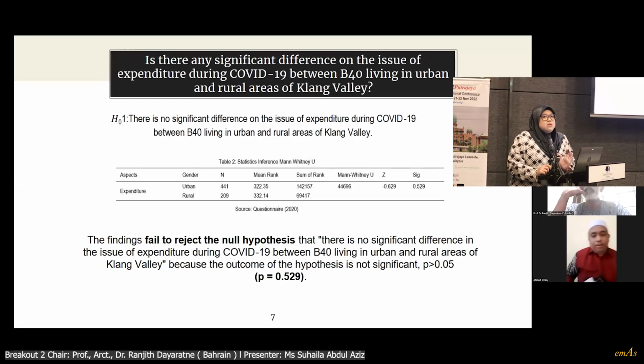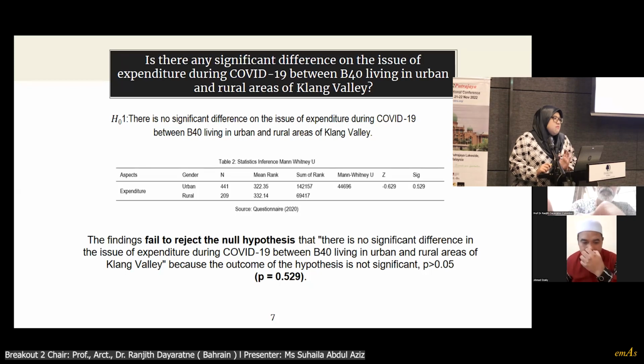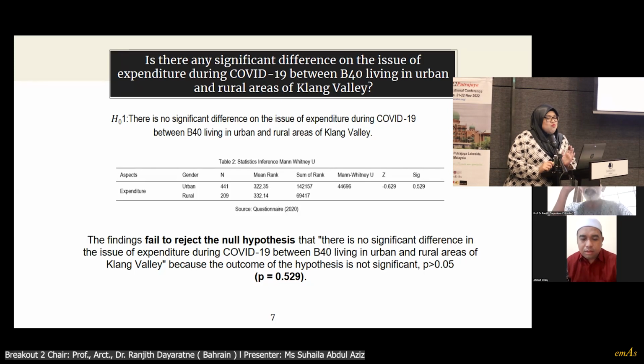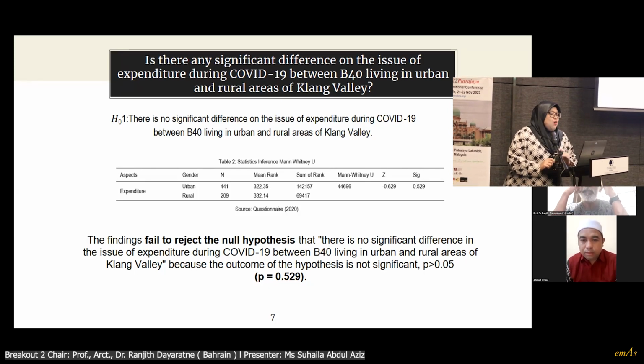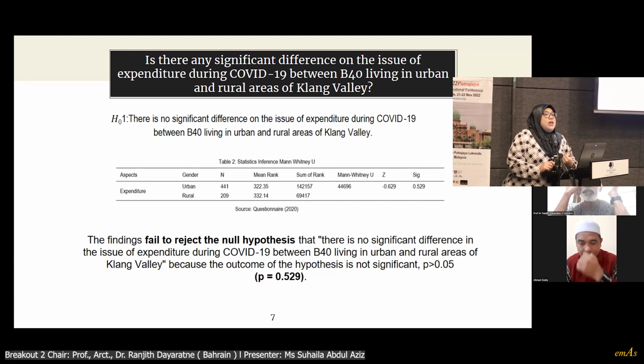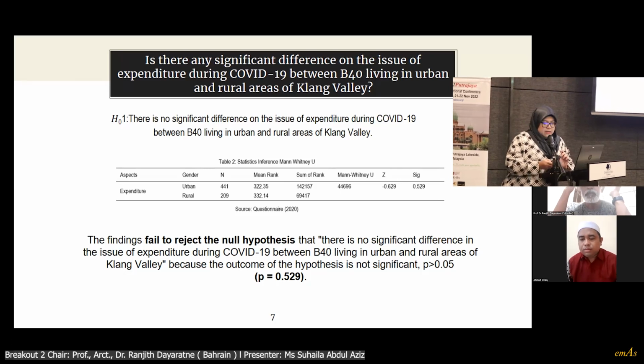Now how about the expenditure? For expenditure, we found the same result, in which the significant value is 0.529, which is more than the significance level. Therefore again we fail to reject the null hypothesis. Therefore there is no significant difference on the issue of expenditure during COVID-19 between those who live in rural and urban areas for this B40 group in Klang Valley.